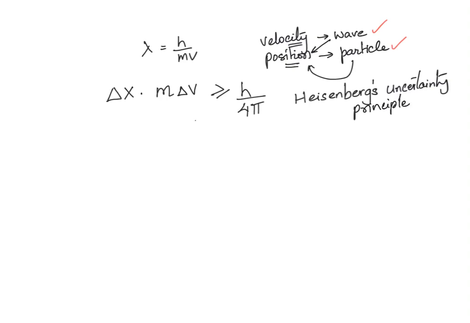If you think about it, first of all, delta x is uncertainty in position, and delta v is uncertainty in velocity.